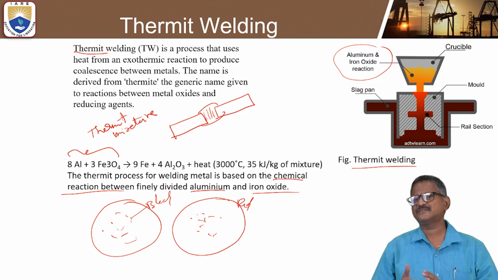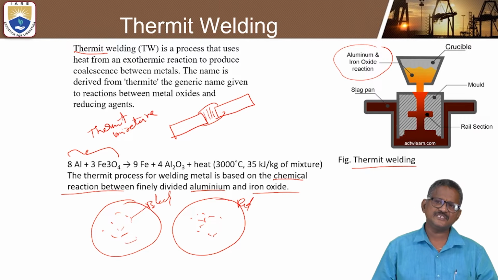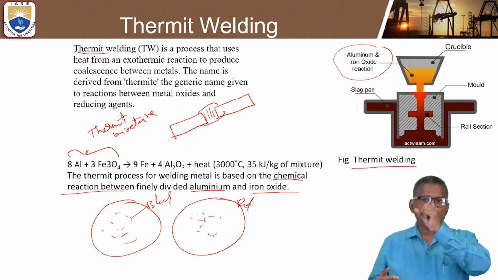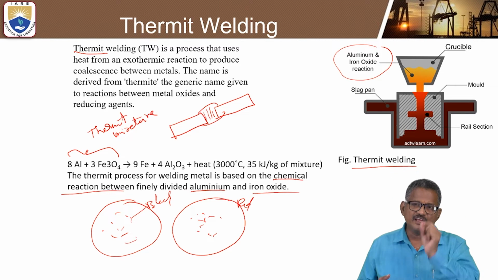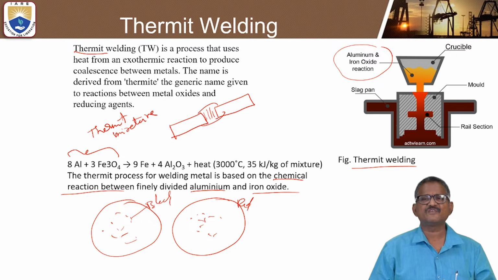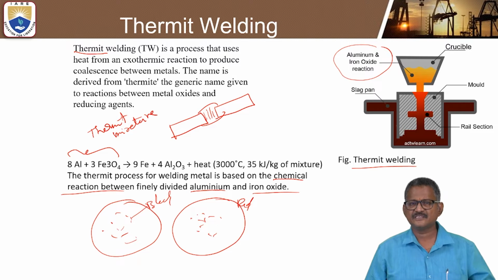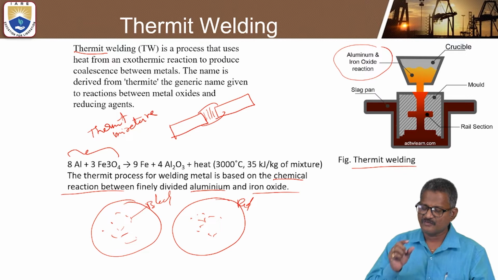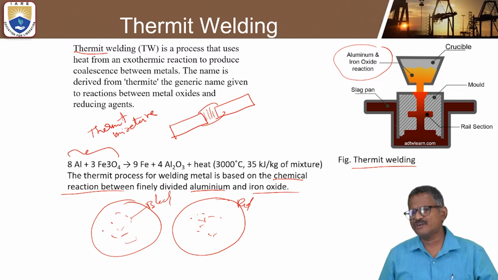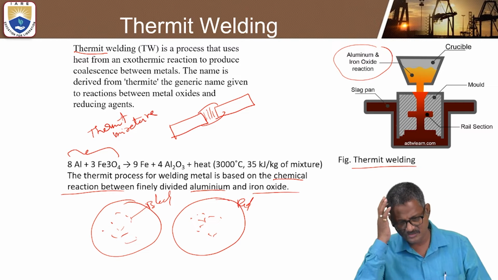Obviously, due to the high temperature, the heat produced is more than 3000 degrees centigrade. The mixture releases 35 kilojoules per kg of the mixture, so the thermite process is very suitable for welding metal, based on the chemical reaction between finely divided aluminum and iron oxide. This is an interesting one for students to understand.